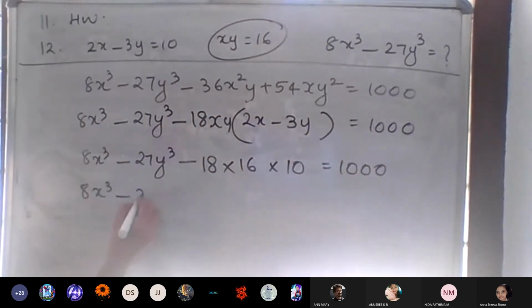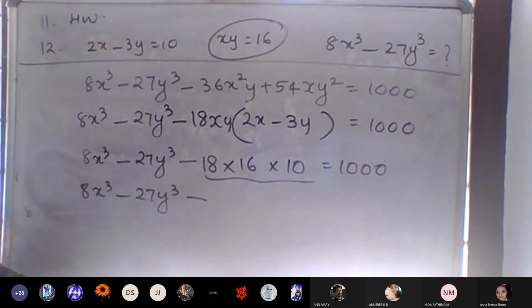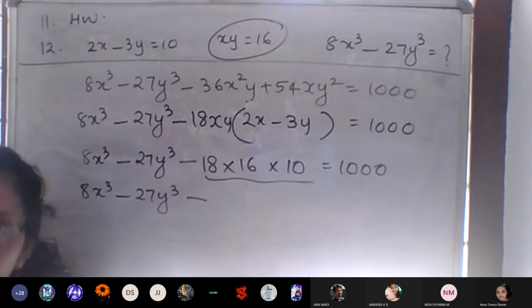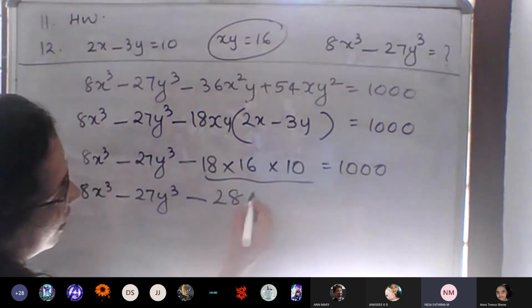So 8x cube minus 27y cube minus, multiply this: 18 into 16 is 288, 2880.